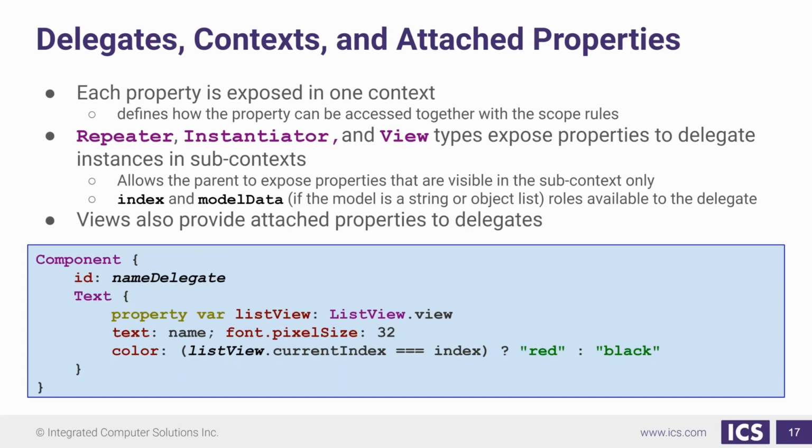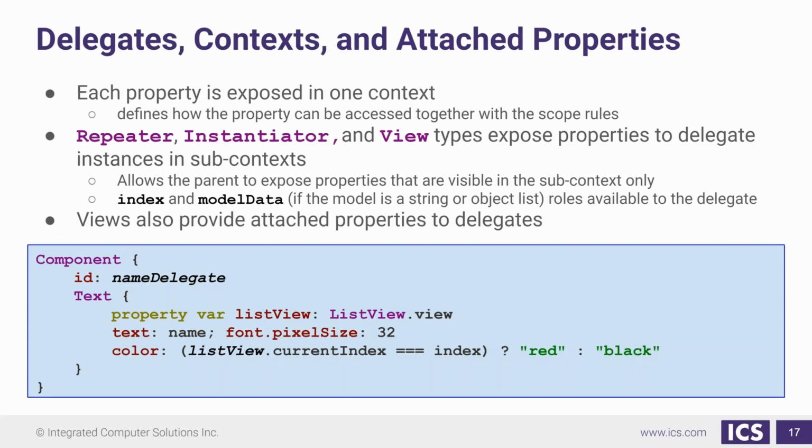So the properties can be exposed from the top level here. And the way we're going to do that is they have to be accessible through the view's context. So the repeater types, the instancer, and the views, they expose a view property to this delegate that we can use as seen here. So we can get the current index.